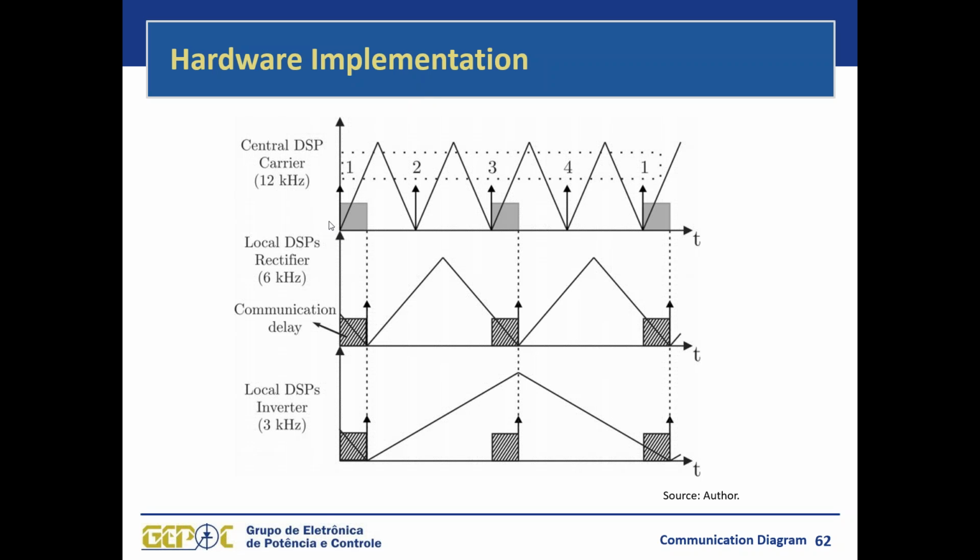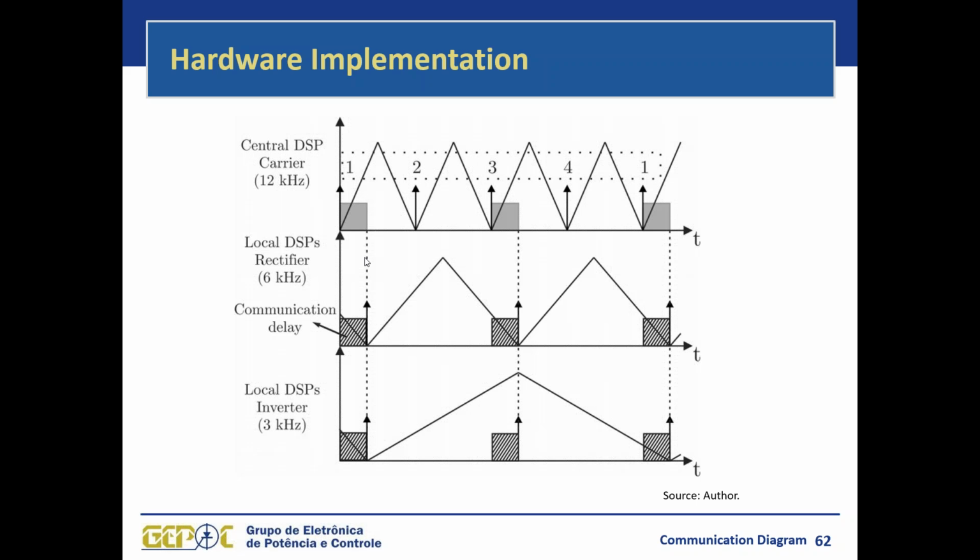So you have here this interruption of the DSP carrier. You have a communication delay, of course. It's a very small communication delay. But then you synchronize the local DSP inverter that is working at 3 kilohertz to the central DSP carrier, both for the underflow of this carrier and the period match of the carrier.